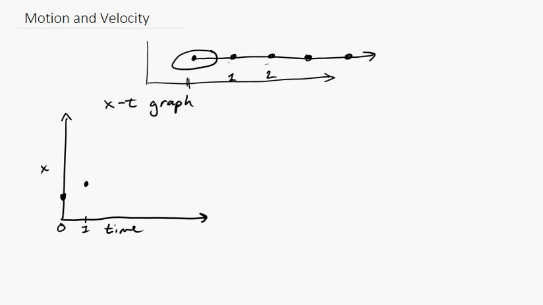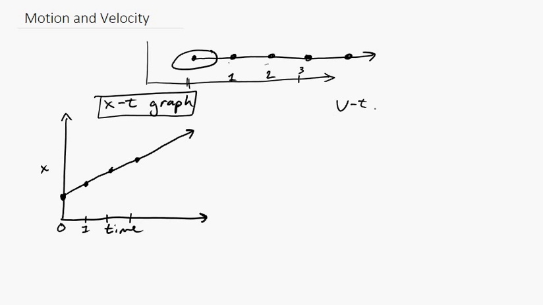And at time equal 2, we want to be even further up. But they're all moving at the same rates. So what we have here, if we mapped out the position, is a car over time getting further and further away. That is the xt graph, or the position graph.